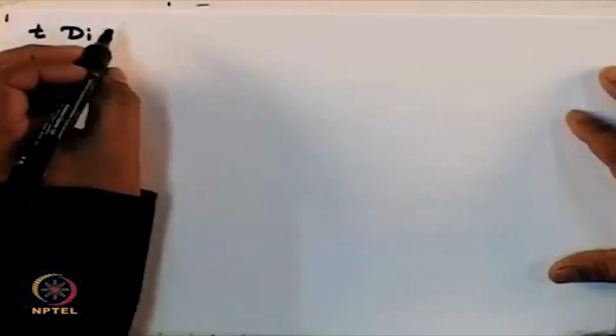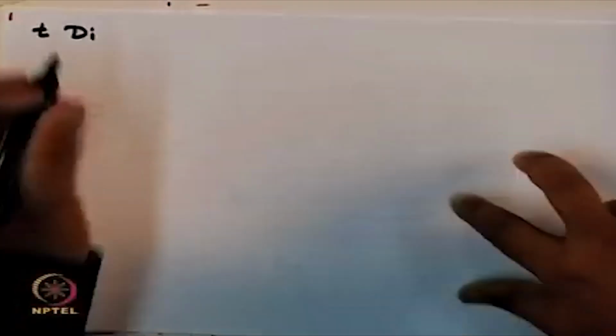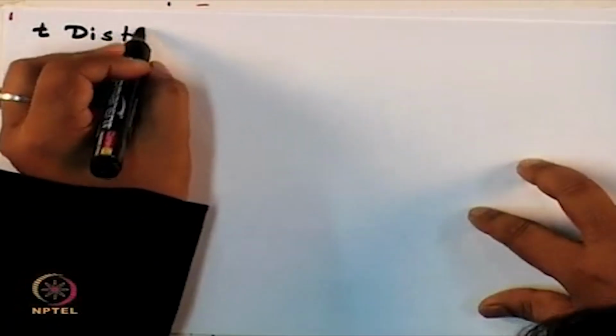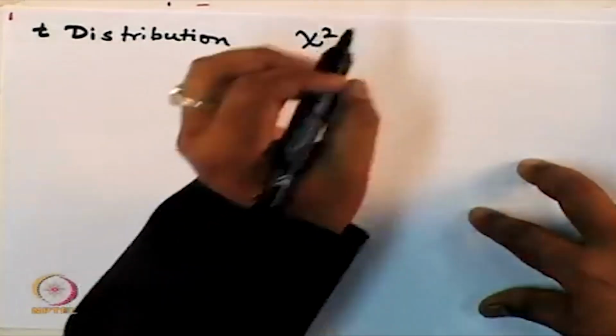So, in the last two lectures we had briefly discussed two distributions, the t distribution and the chi-square distribution.